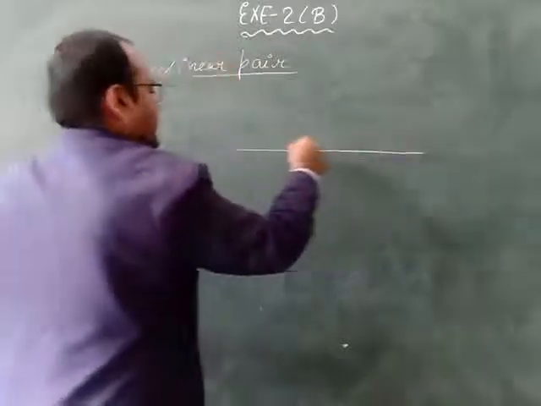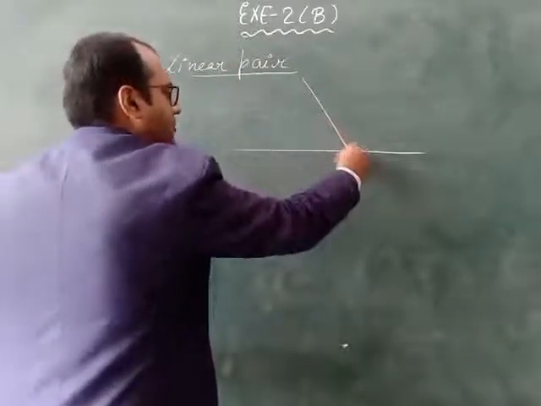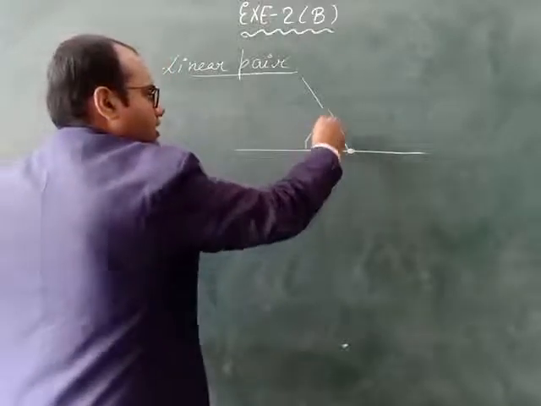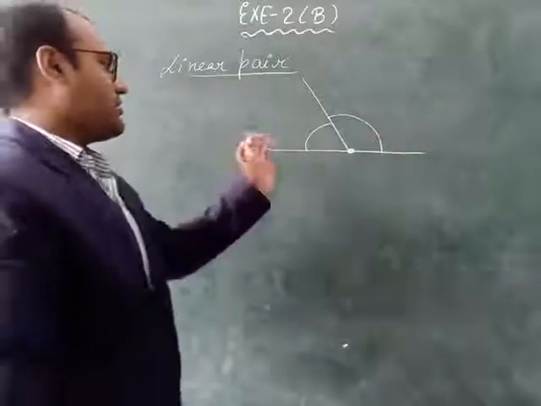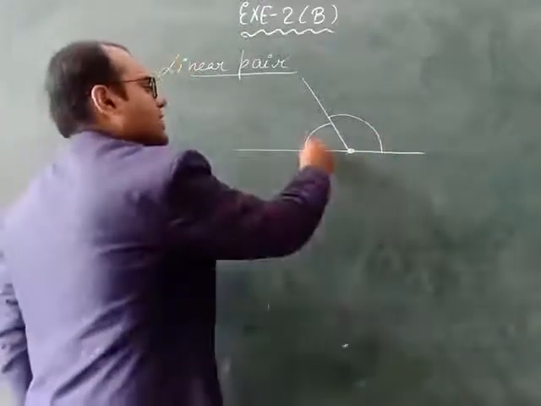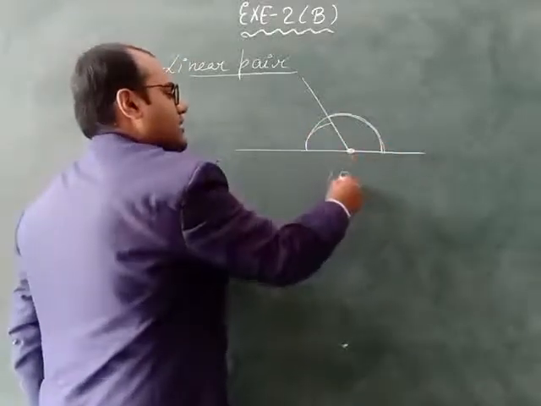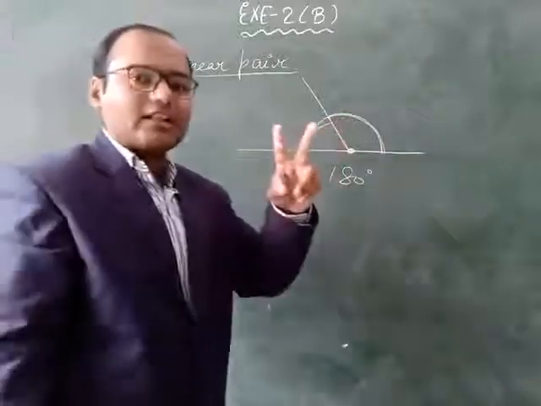This is one straight line I had drawn, and in between one more line I am drawing here. Here two angles we are having, and this is the straight line. On the straight line, the value of the angle is 180 degrees. How many angles we are having here? Two angles we are having.